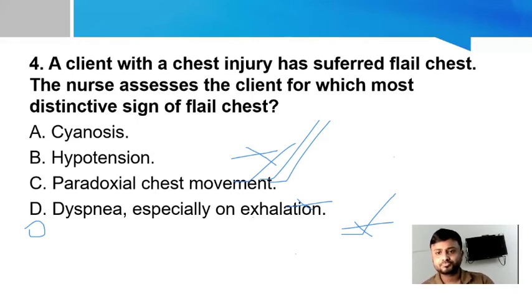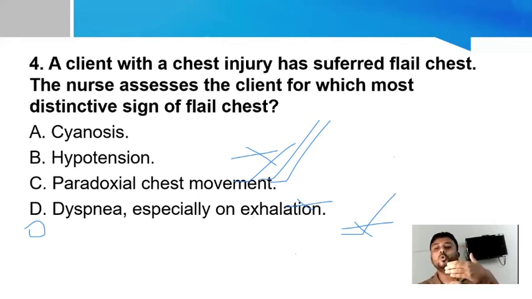Is it clear? I am repeating this part again because it is very important. If there is a fracture in the ribs, when we take a breath and take oxygen from the air, our chest will expand, but the fractured rib will not expand.